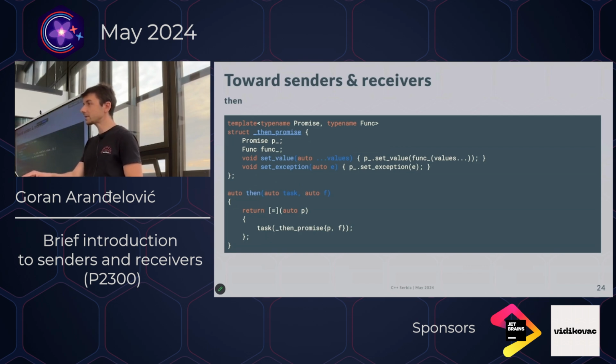First, we will call that wrapped function, and then the result of that wrapped function we will pass to the set value of this promise. Maybe I didn't explain it too well, but these are the lines that you need to understand.